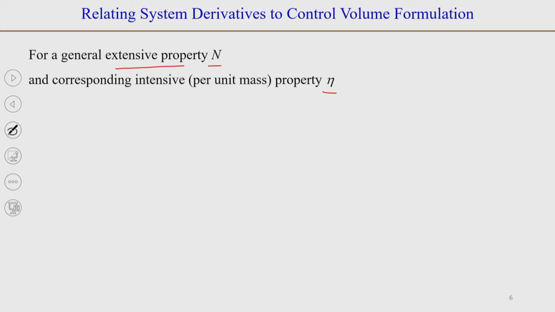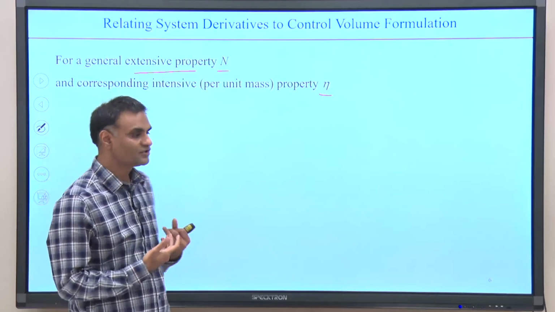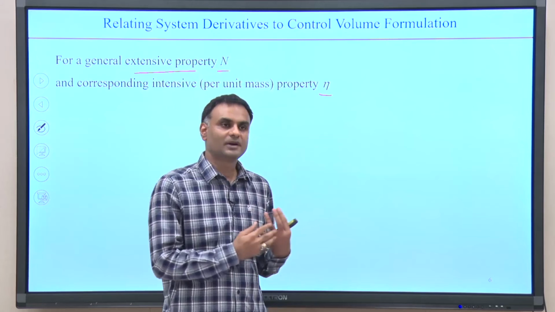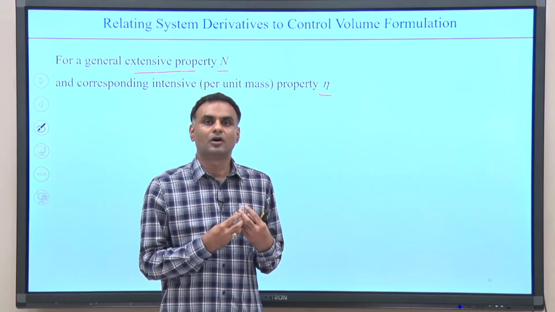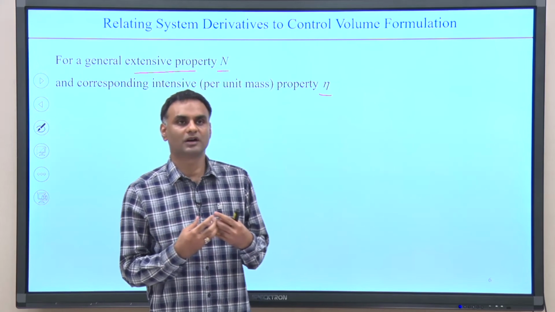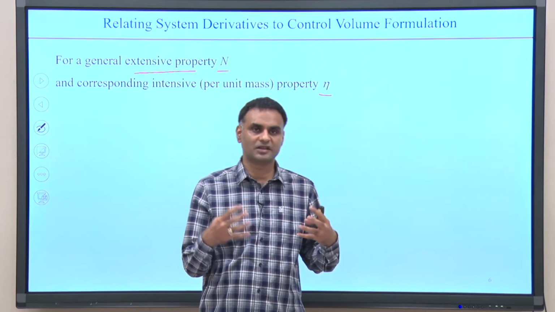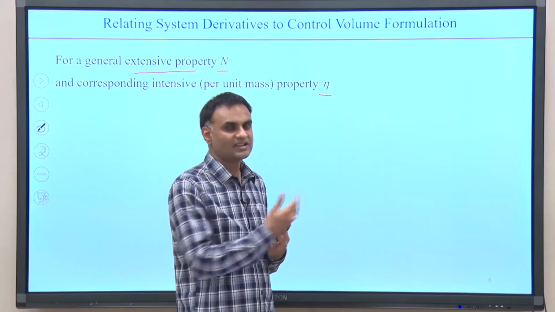To remind ourselves what extensive and intensive properties are: properties of a material which depend on the quantity or the size or volume of the system that is present are called extensive properties.